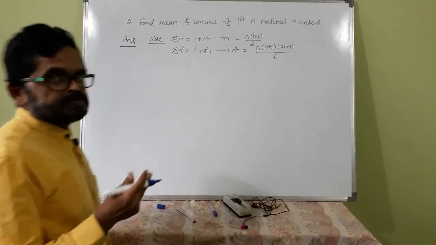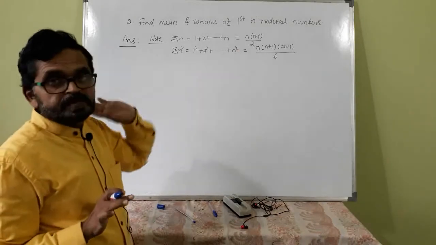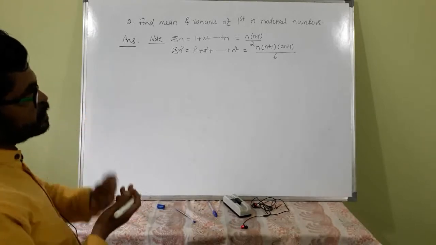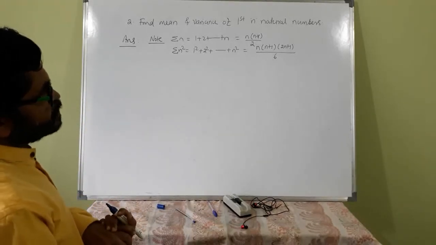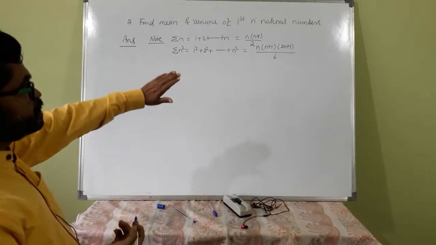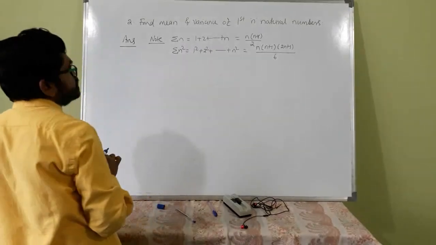Okay, this you will study in sequence and series also. Now you have to remember this formula. Another formula is there, 1 cube plus 2 cube plus 3 cube is equal to n square into n plus 1 whole square divided by 4 also, but that is not required here. Okay, these two formulas are enough.